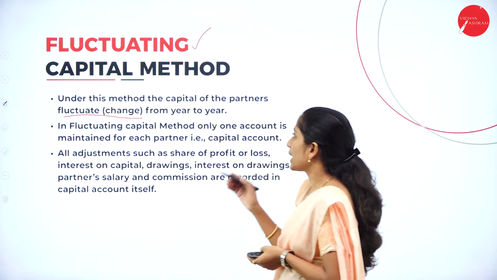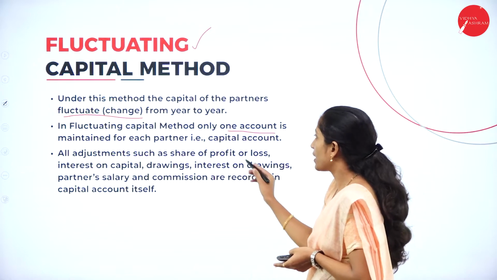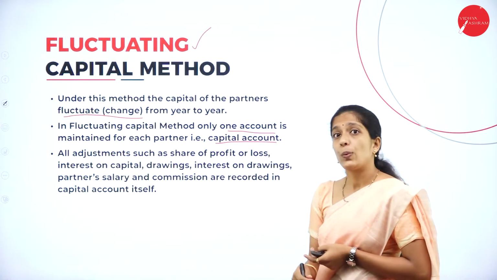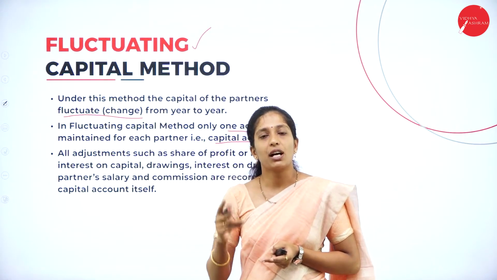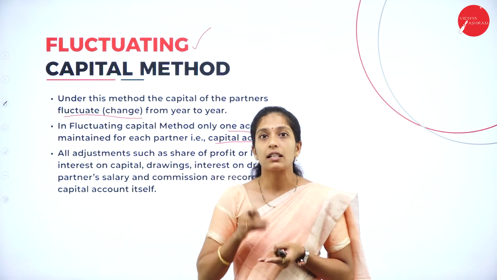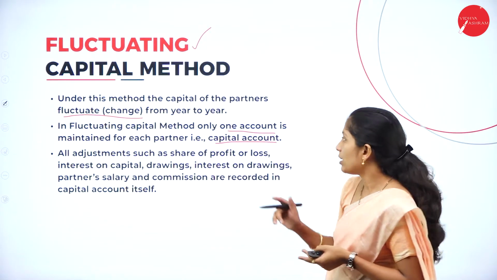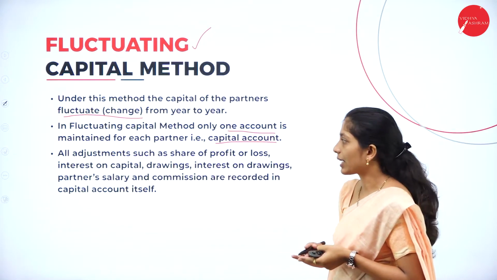So in fluctuating capital method, only one account is maintained for each partner, that is capital account. Whereas in fixed capital method, we are going to maintain two accounts, partners capital account and partners current account. Here, we are going to maintain only one account, that is partners capital account.